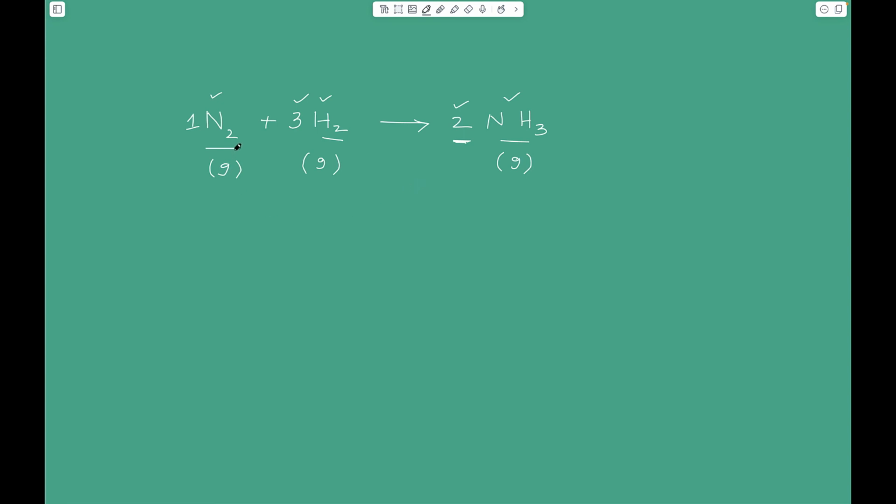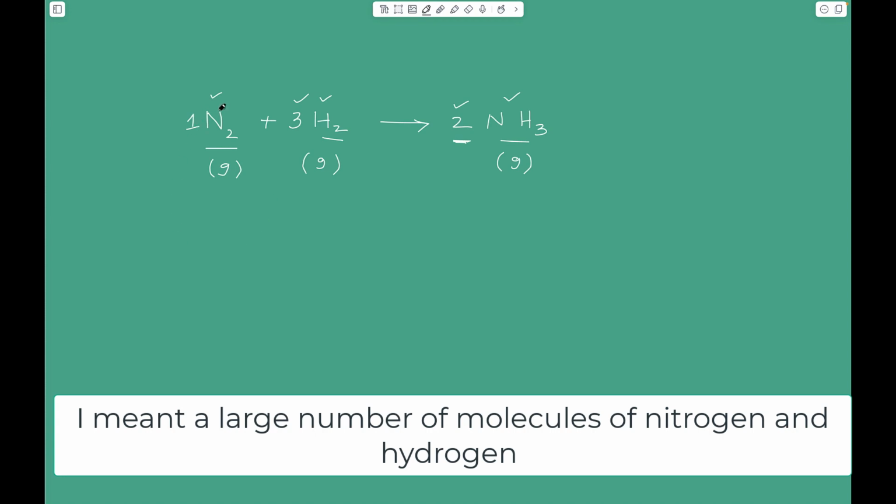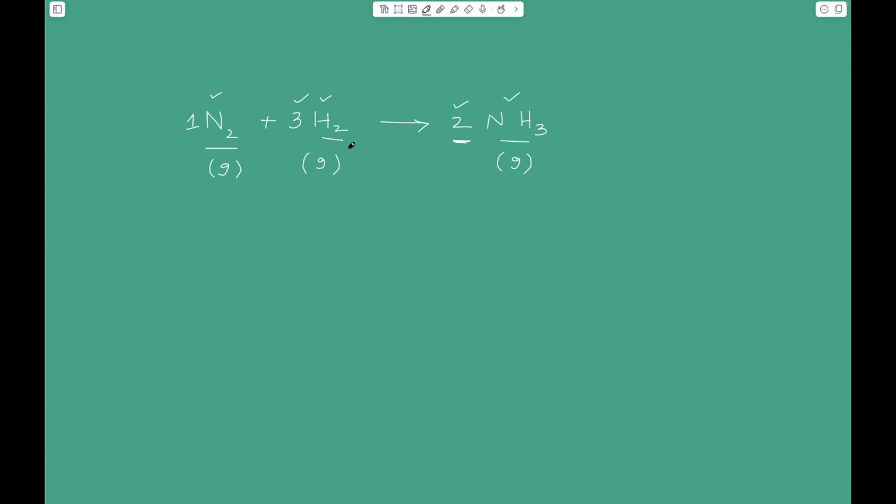We carry out the chemical reaction between a sample of nitrogen containing a large number of molecules of nitrogen and a sample of hydrogen containing a large number of molecules of hydrogen. Then what do we understand from these coefficients? These coefficients tell us that for every molecule of nitrogen, there must be 3 molecules of hydrogen. That is what these coefficients indicate.